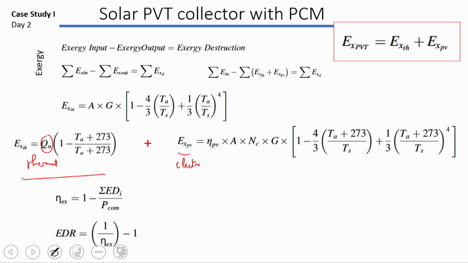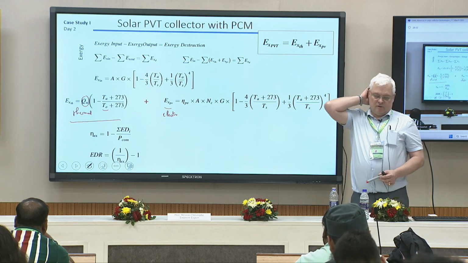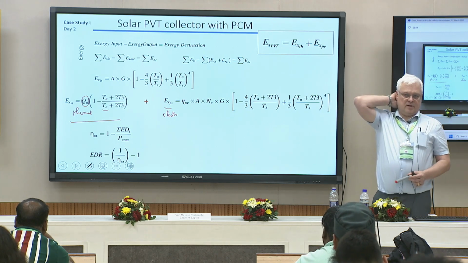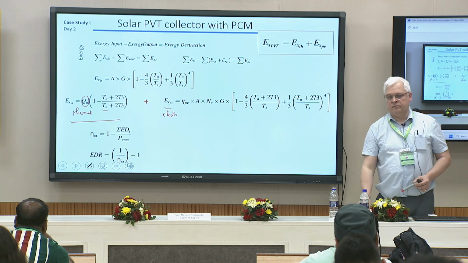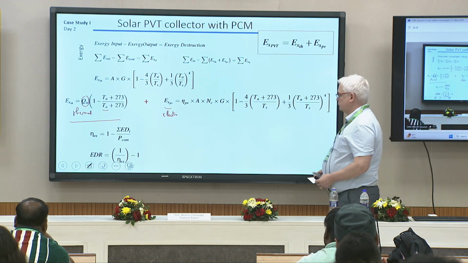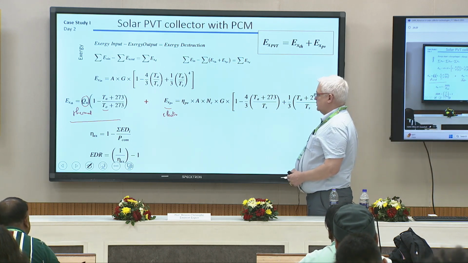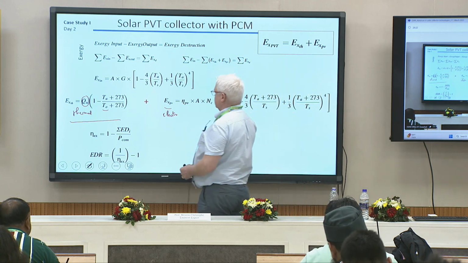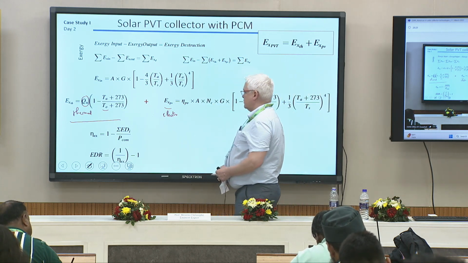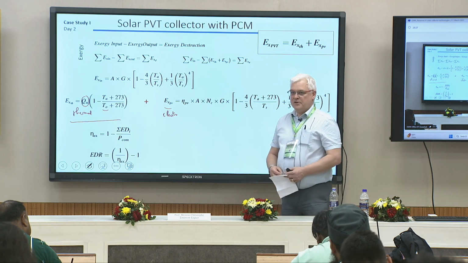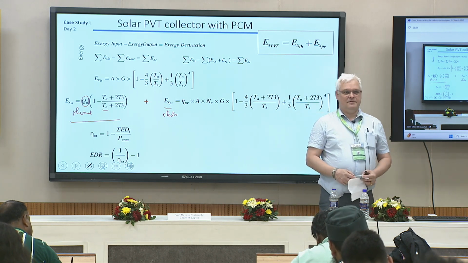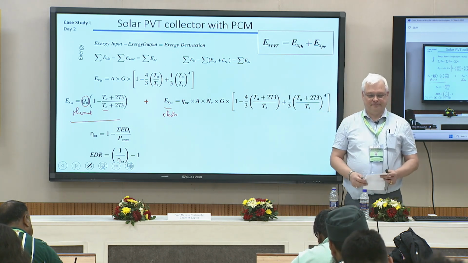So this is water. In principle, it is the outlet temperature, but sometimes we can take the mean temperature inside the collector. So I will say it is outlet. As soon as you have a value, you give it to me.